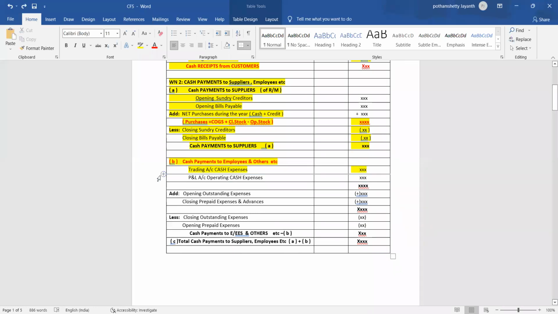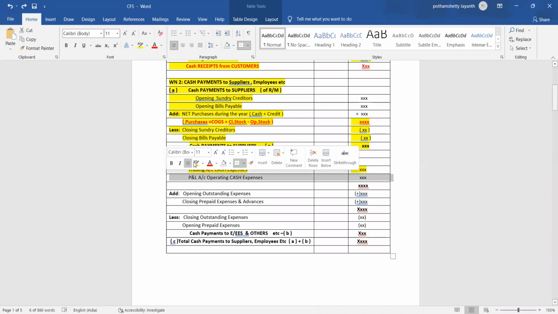P&L account related operating cash expenses. Please don't consider non-cash expenses like depreciation.